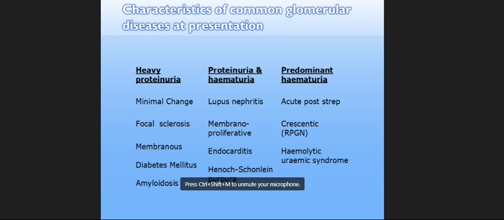Let us look at the characteristics of the common glomerular diseases at presentation. Let's take 5 conditions and see the most common manifestations of each.